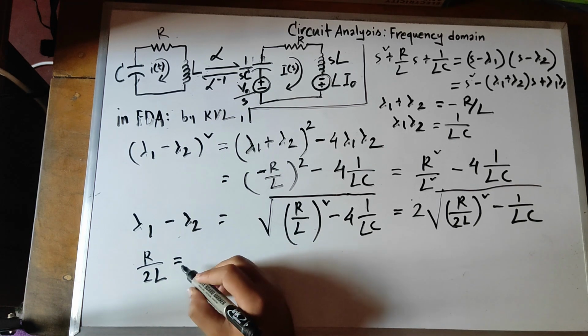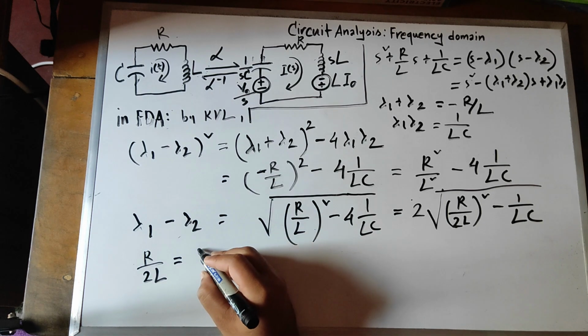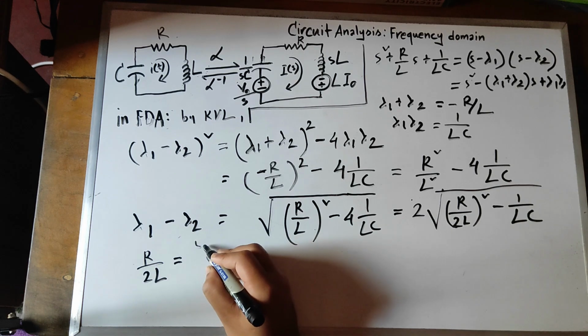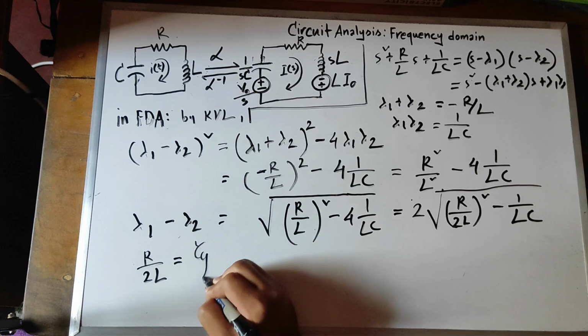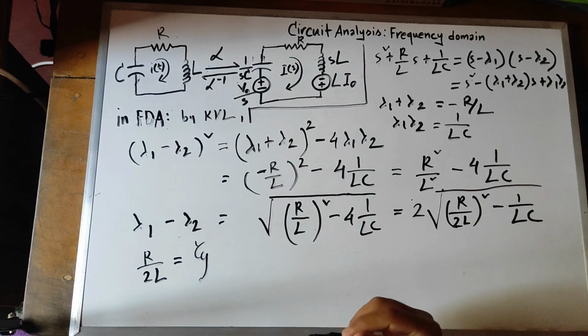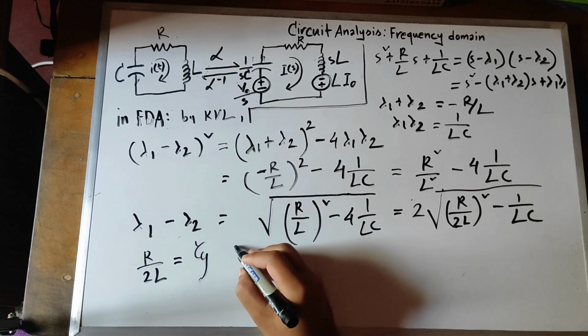If we take R by 2L and assume this as the damping factor, so the damping factor is zeta. In my previous video I wrote zeta like this, but this is not exactly zeta, this is called psi, and zeta kind of looks like this.